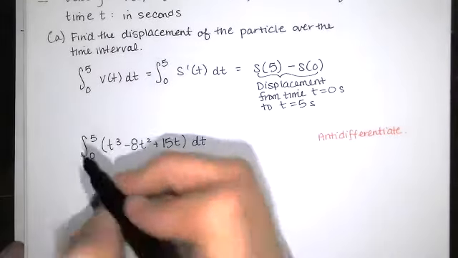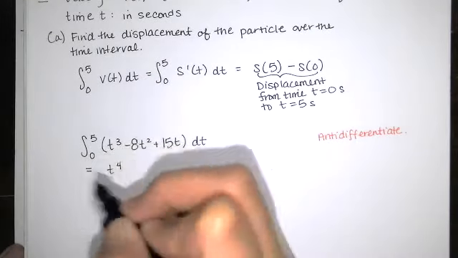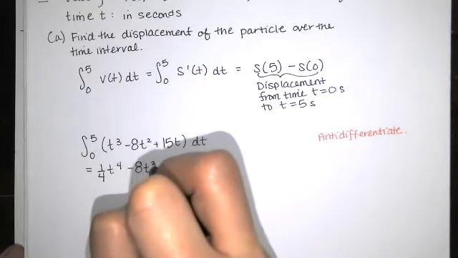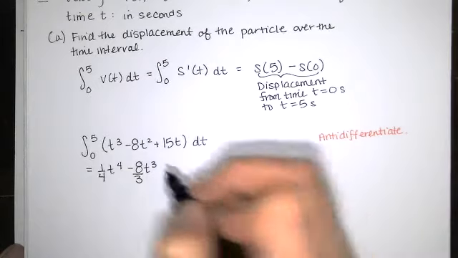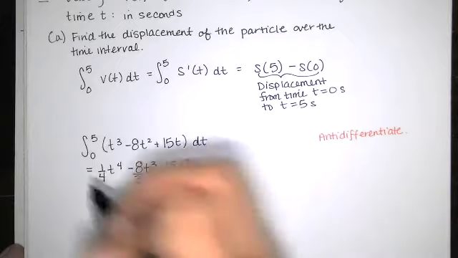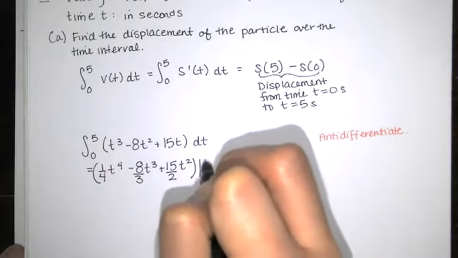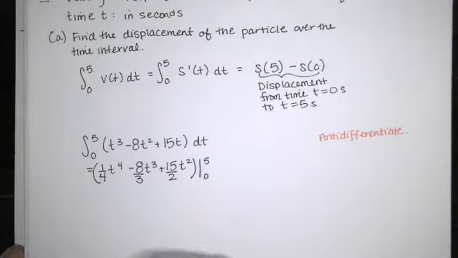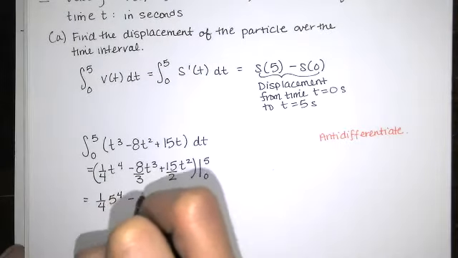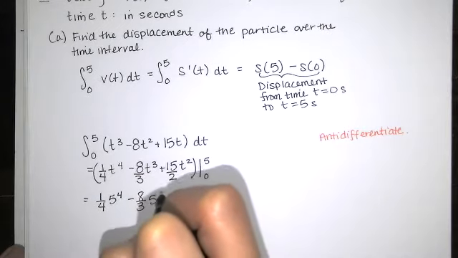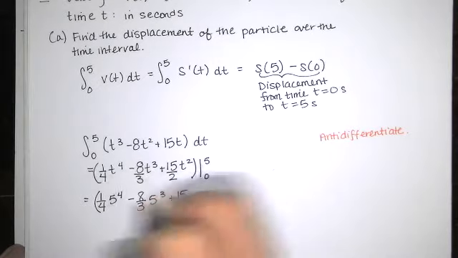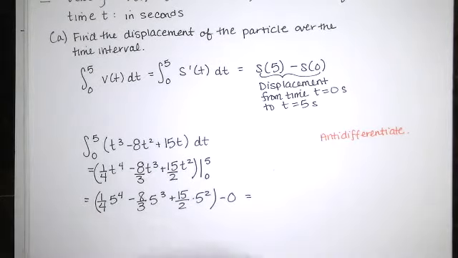So we add 1 to the exponent and divide by the new exponent, bring the constant down, add 1 to the exponent, divide by the new exponent, bring the constant down, add 1 to the exponent and divide by the new exponent, substitute in 0 and 5 and subtract, and we get 1/4 times 5 to the 4th minus 8/3 times 5 cubed plus 15 over 2 times 5 squared minus 0.